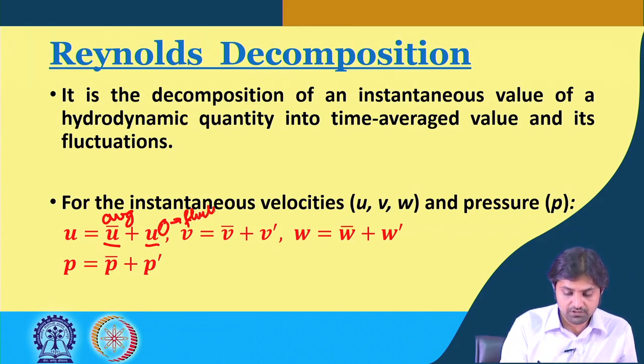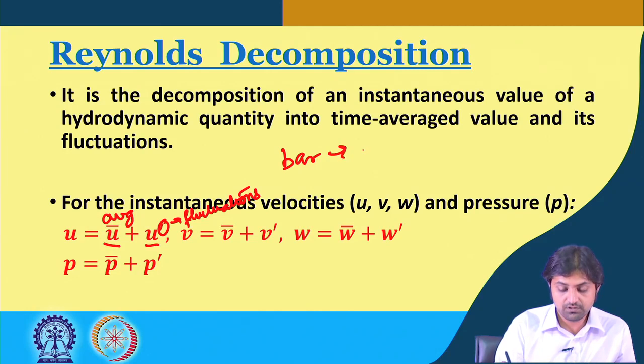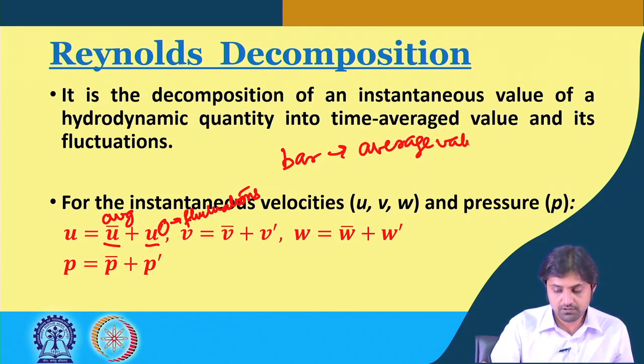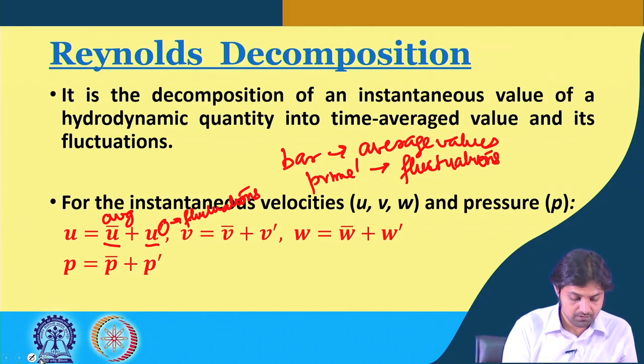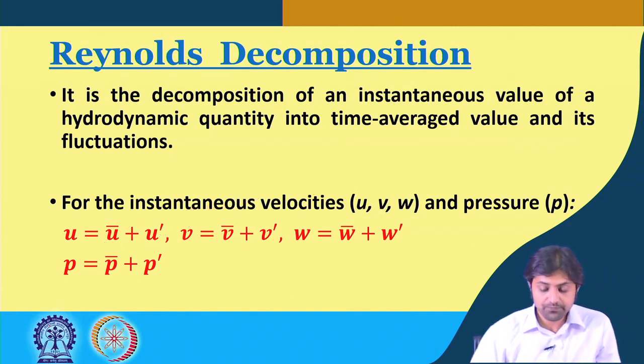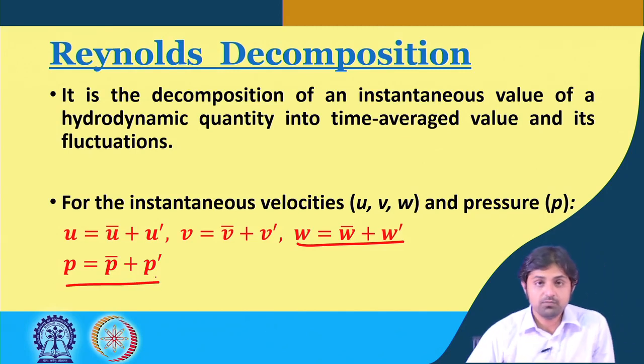Bar denotes average values and prime denotes fluctuations. Similarly, w is w bar plus w prime, and P is P bar plus P prime.